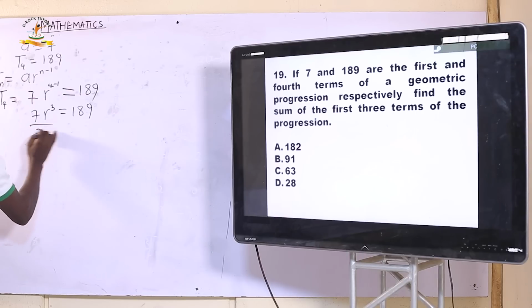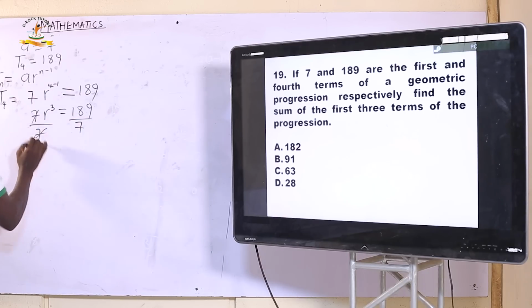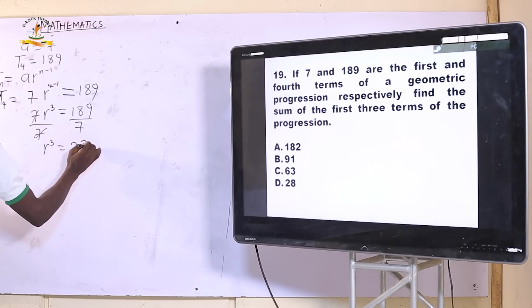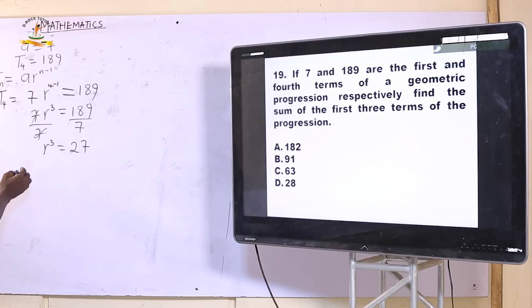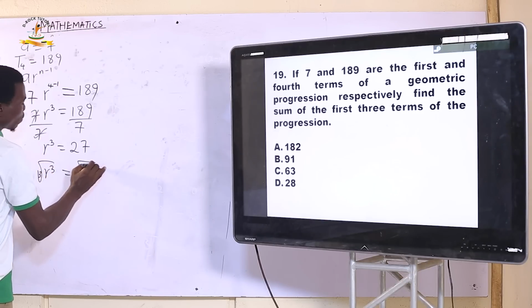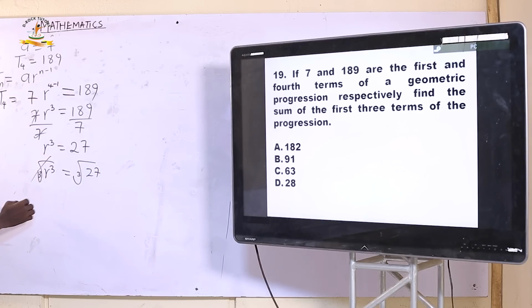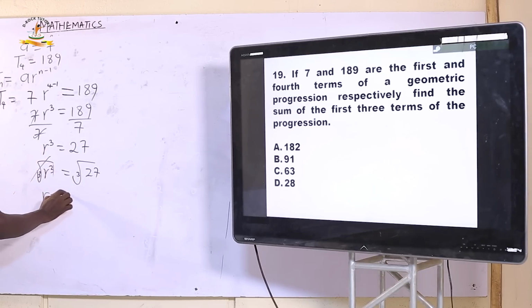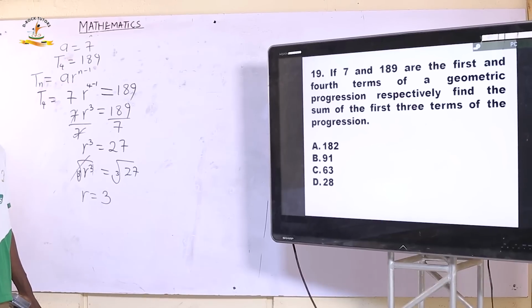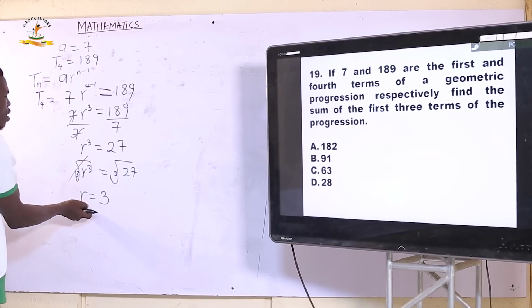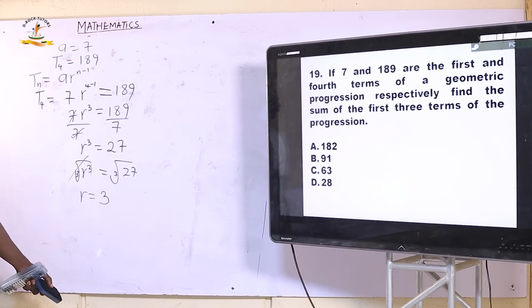We divide both sides by 7, and this simply gives you r raised to power 3 as what? 27. And with this, you take the cube root of both sides. Taking the cube root of both sides, we have cube root of r cube is equal to cube root of 27. And this gives me what? R equals 3. It means the common ratio is 3. We've gotten our common ratio to be 3.